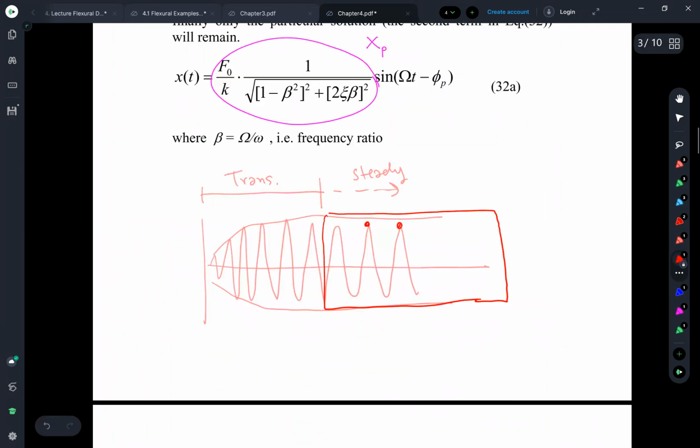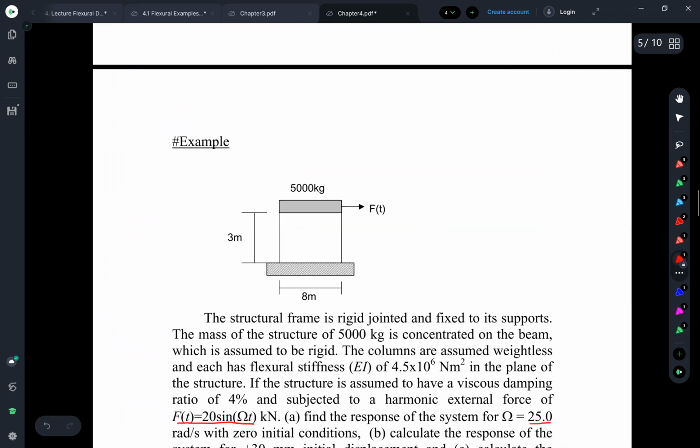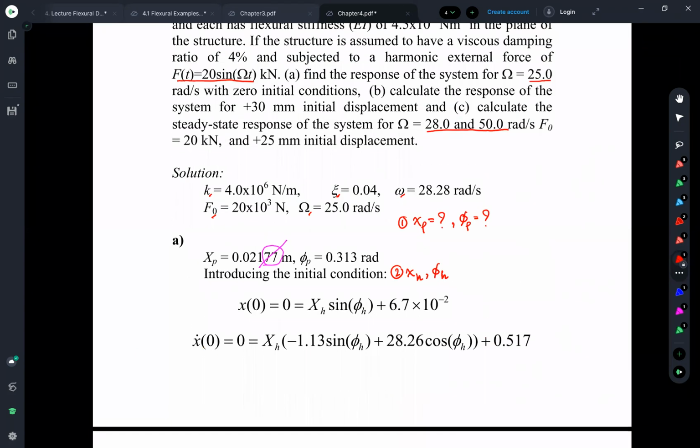That's why in the example, if you introduce time t equal to zero in the second term of the particular solution, there is a quantity remaining, not zero. And even though the initial displacement at time t0 is set to be zero, you still have xh and phi h this time, not zero.